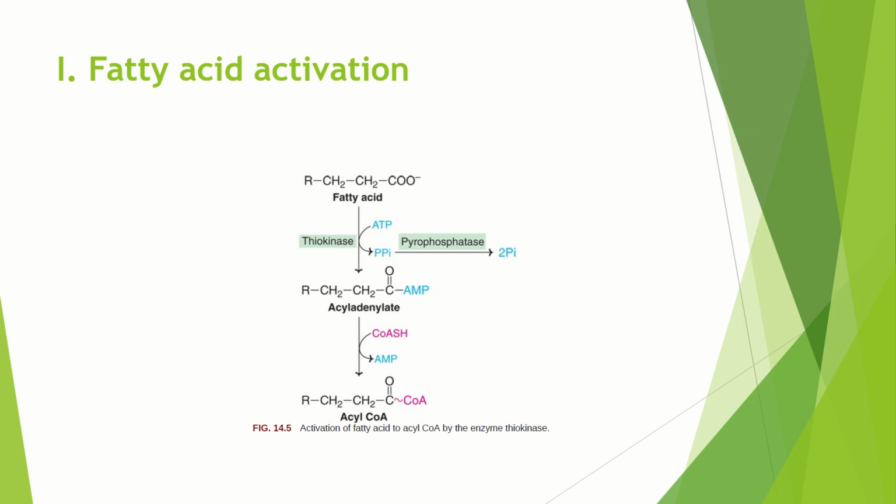First one is fatty acid activation. This fatty acid activation takes place with the help of thiokinases, which are also known as acyl CoA synthetases. The reaction occurs in two steps and it requires ATP as well as coenzyme A and also magnesium ions.